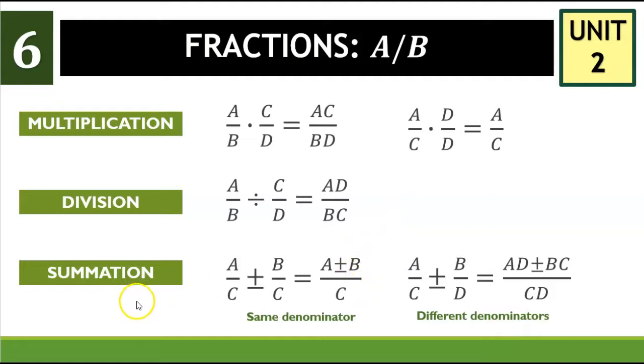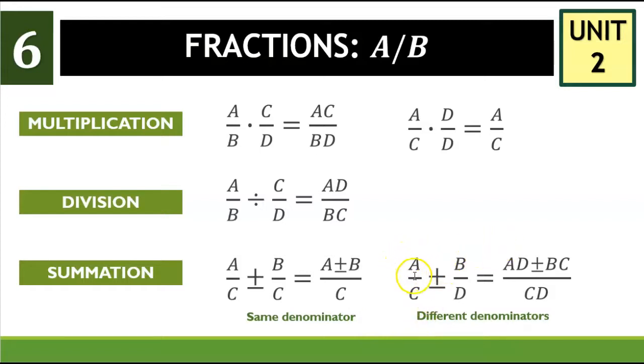In terms of addition, if both fractions have the same denominator, we simply subtract or add both numerators, and we just write the common denominator. If both fractions have different denominators, then we use the following rule.